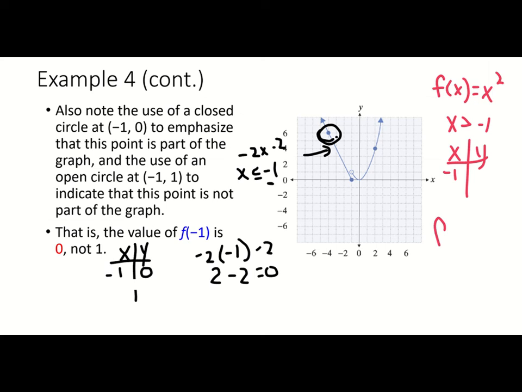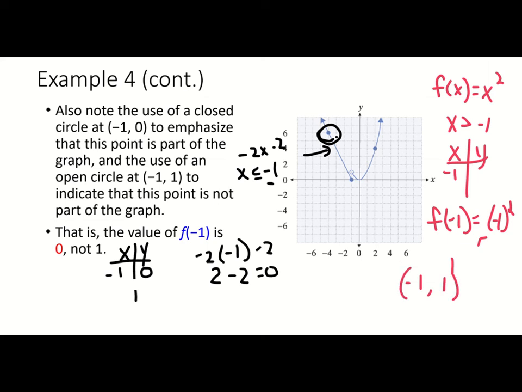So we would do f of negative 1 equals negative 1 squared. So that would give me negative 1 squared is 1. So my ordered pair would be negative 1, because this is what I plugged in for x, 1.